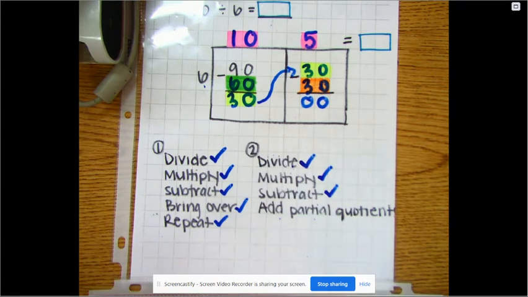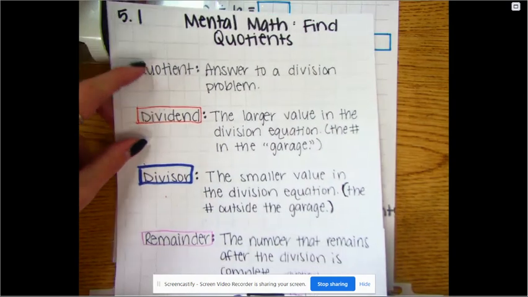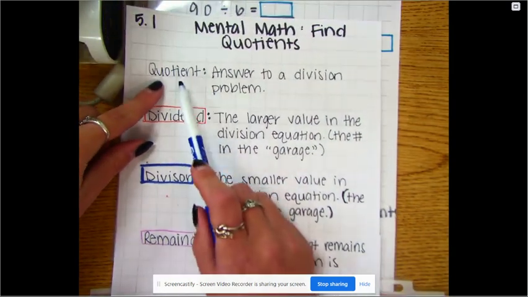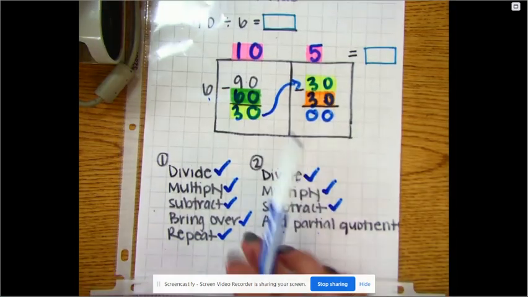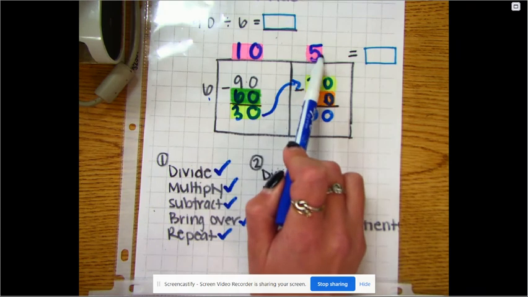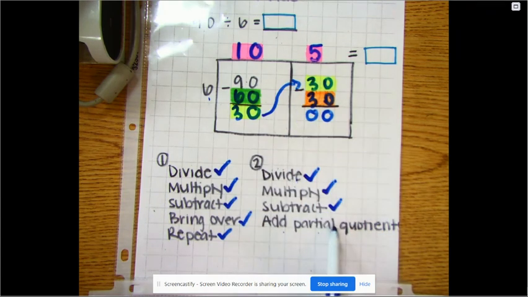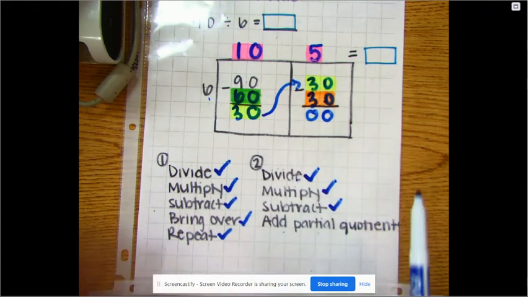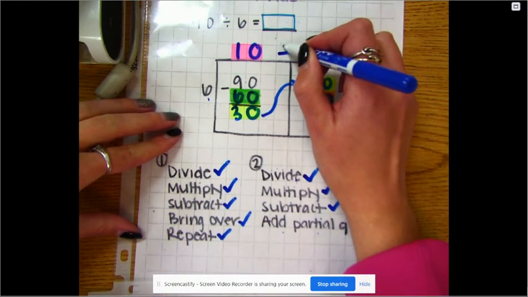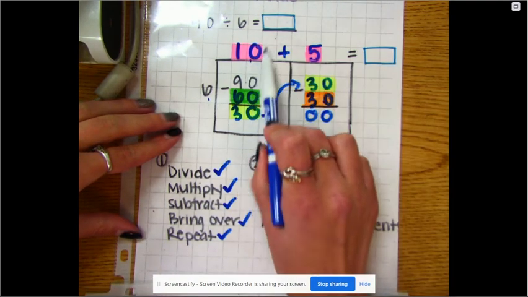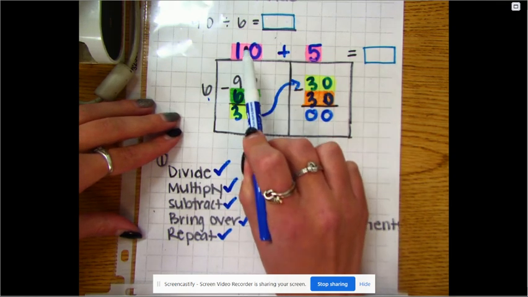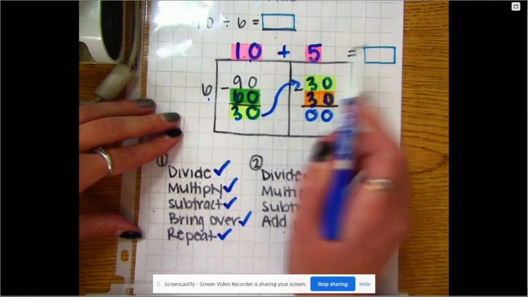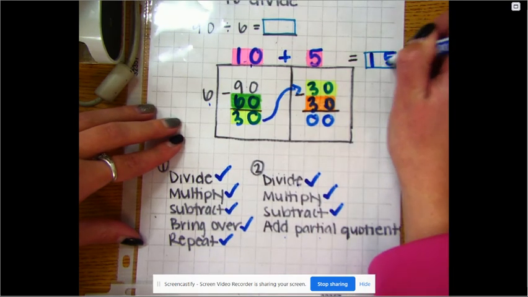If I think back to topic 1, 5.1, it told me that a quotient is the answer to a division problem. So I see two things that could be my answer up here, and it says I need to add those partial quotients. So I'm going to take these two pink boxes, my partial quotients, and add them up. 10 plus 5 is 15.